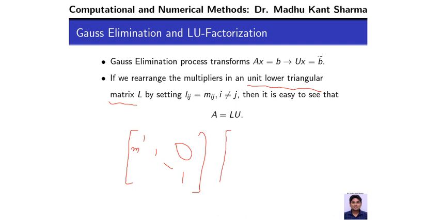U is as it is, what you have obtained in the final Gauss elimination process.